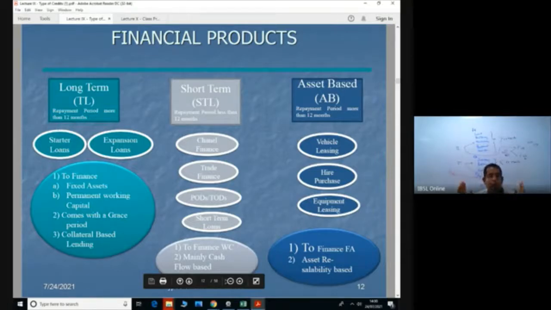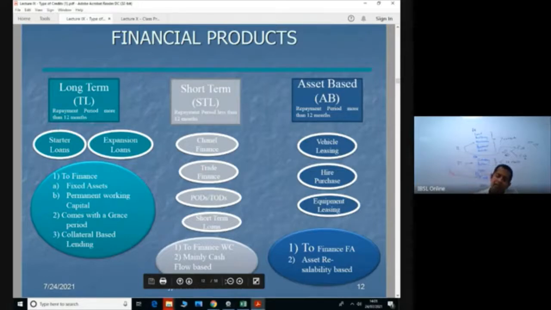For land purchases or permanent working capital funding, we don't normally give grace periods. We assume that they can repay the loan, that's why they are borrowing further.